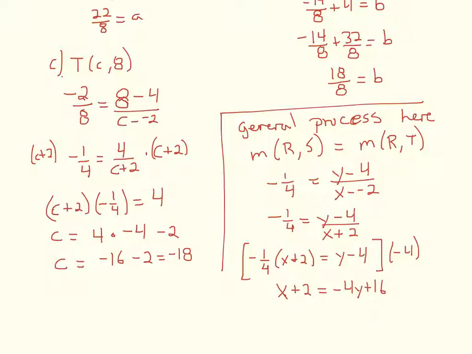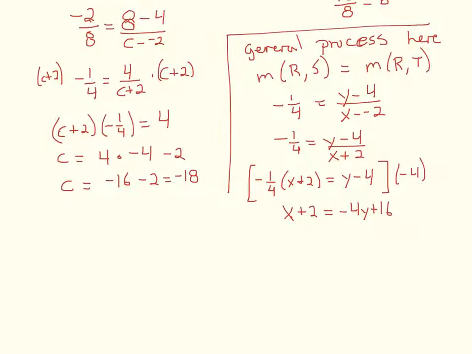And why don't we move that negative 4y over to the left side, and we'll move the 2 over to the right side. So adding 4y to both sides and subtracting 2 from both sides, we get x plus 4y is equal to 14.